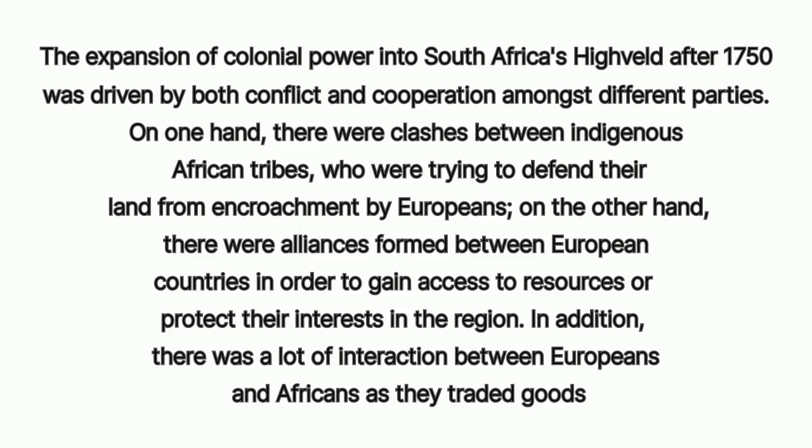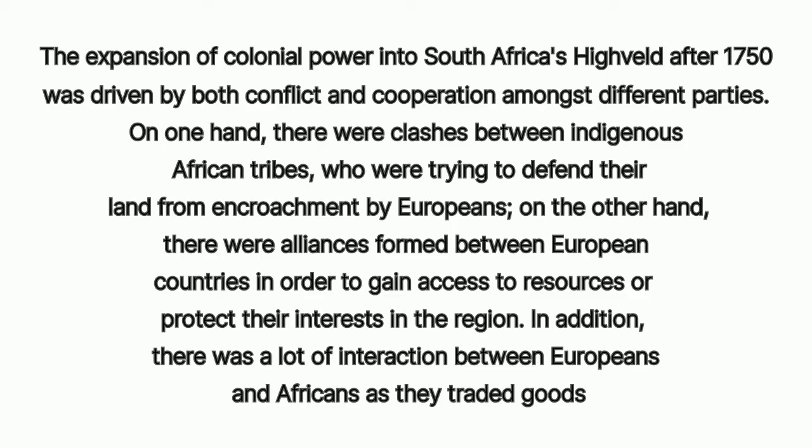The expansion of the colonial power into South Africa's Highveld after 1750 was driven by both conflict and cooperation. On one hand, there were clashes with indigenous African tribes who were trying to defend their land from encroachment by Europeans. We all know this, even if you haven't done history: when the whites came to take over African land, obviously it's our land, we must defend it. You can't just let people take over your land.